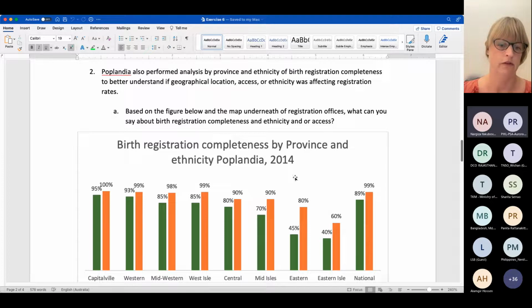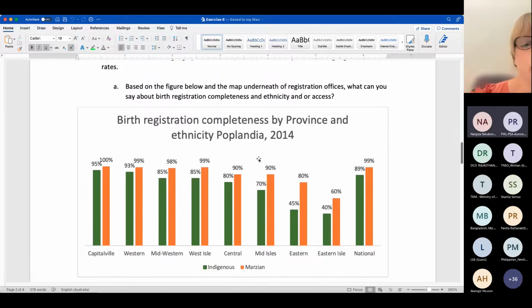So they wanted to know, is it just about remote access, or are there maybe cultural factors playing into registration rates? So within provinces, do we see a difference in ethnicity birth registration? Based on the figure below and the map underneath of registration offices and locations, what can you say about birth registration completeness and ethnicity and/or access?